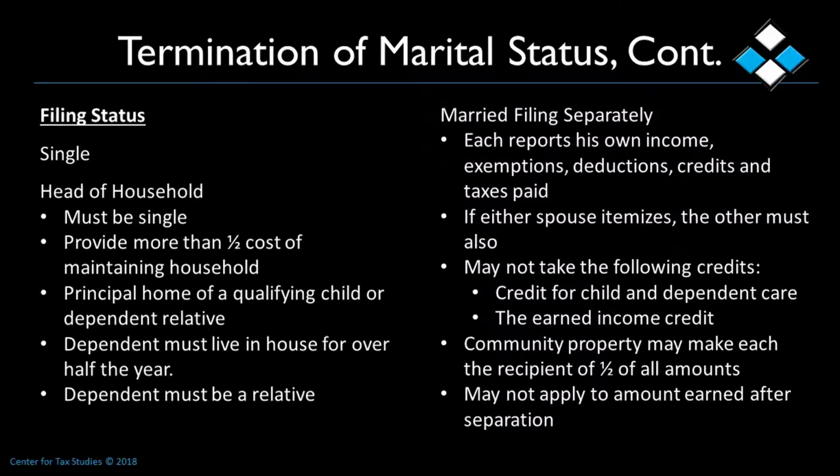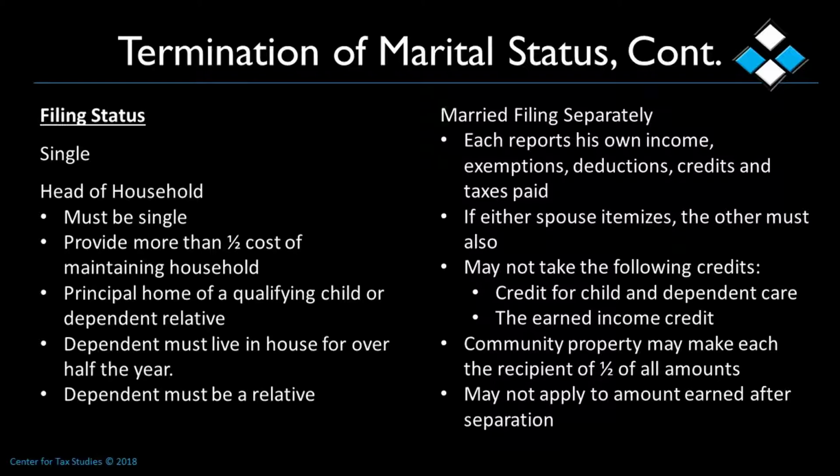Now, if you have not finalized your divorce, but you are separated, you can file as married filing separately, where each of you reports your own income, exemptions, deductions, credits, and taxes paid. But if either spouse itemizes, the other spouse must also itemize.